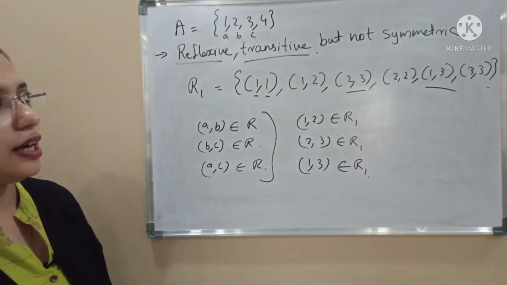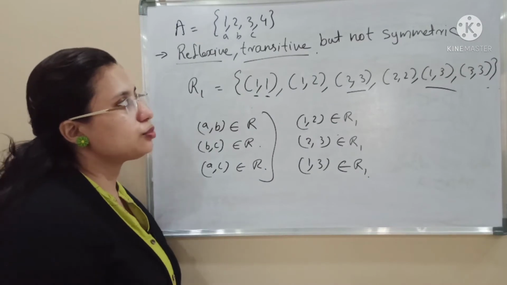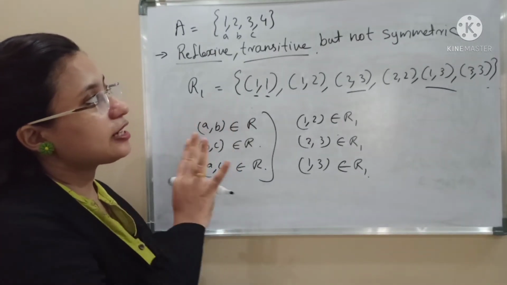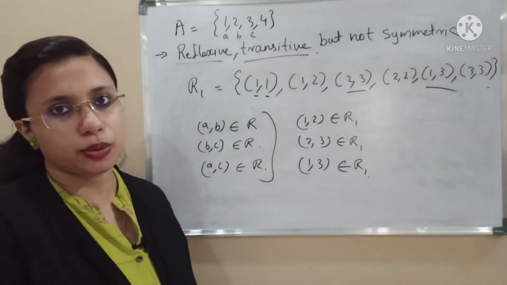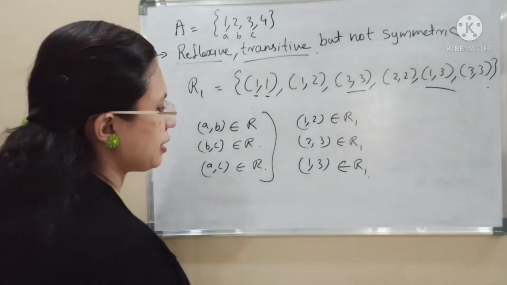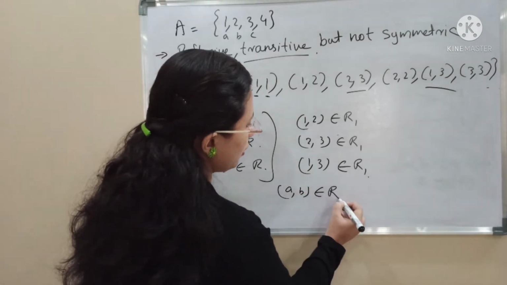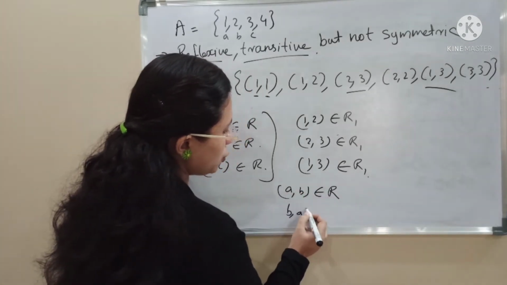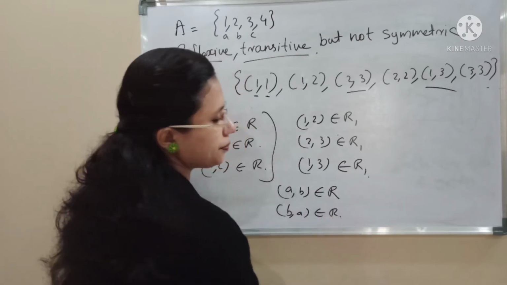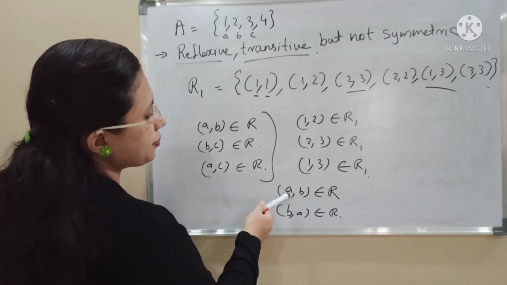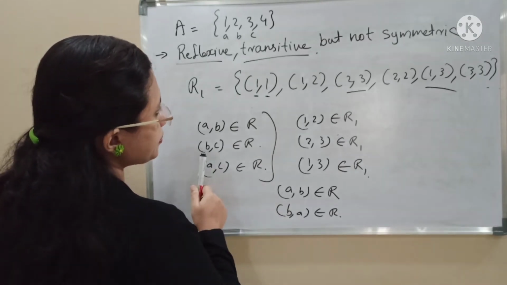Now we have to prove that this relation is not symmetric. What is symmetric? If (A,B) belongs to R, then (B,A) should be there in R. So let's check (A,B).